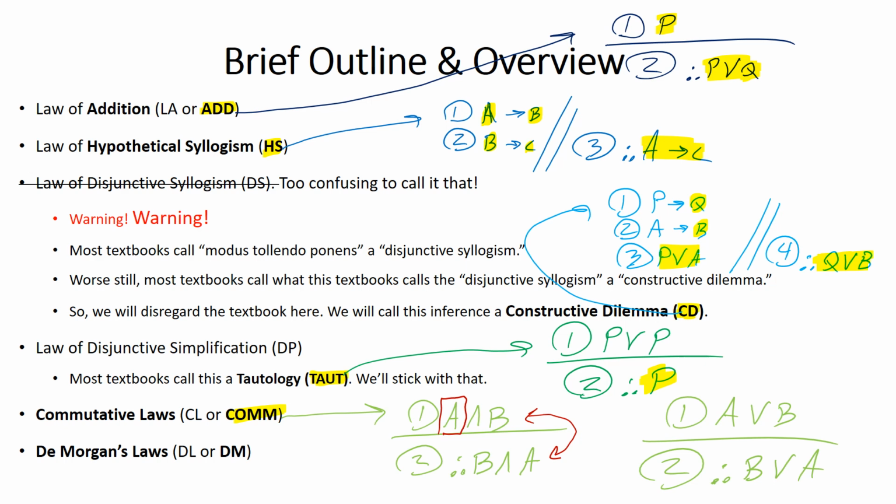You would have to first do the commutative rule, and then when you do that, you can get that B by itself through simplification. So that's one reason, besides just knowing that these two statements are equivalent. And as far as De Morgan's law goes, DM, I'm actually going to cover that in the next video.